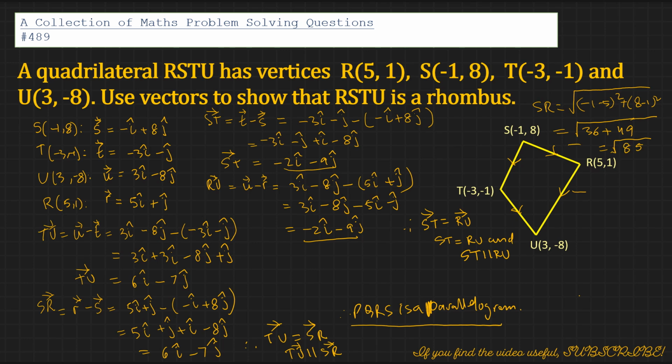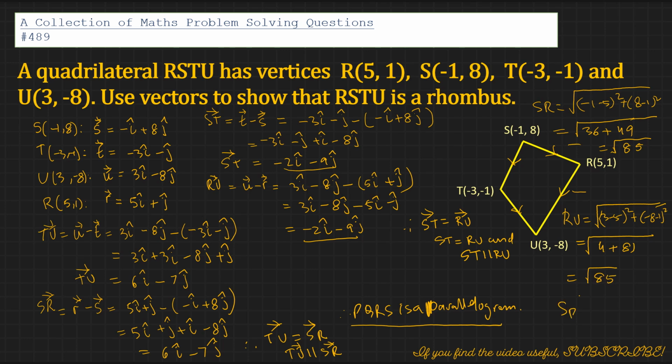So SR is the square root of 85. Then RU equals the square root of (3 minus 5) squared plus (-8 minus 1) squared, that's 4 plus (-9) squared, that's 81, and you see it is also 85.